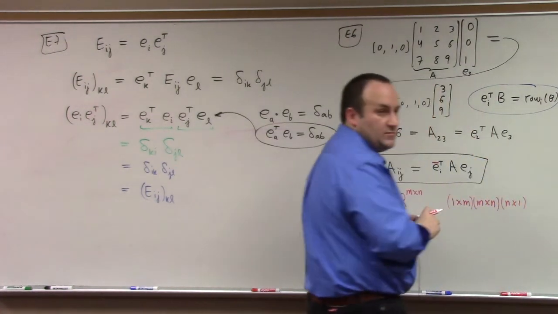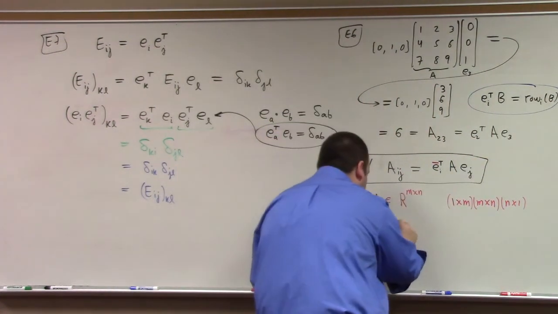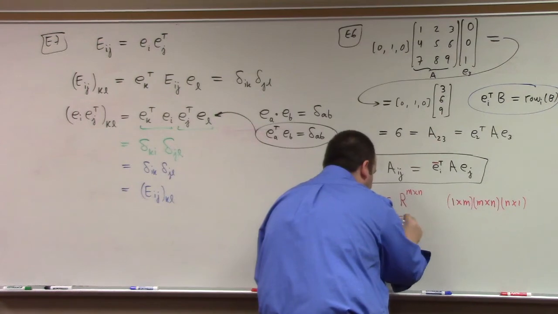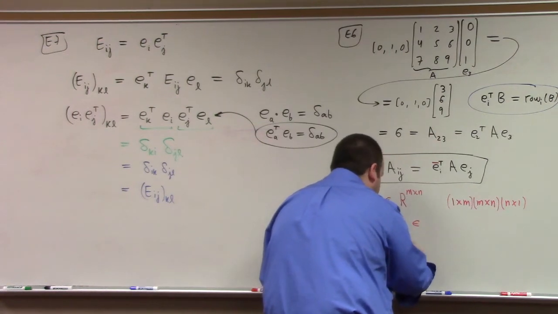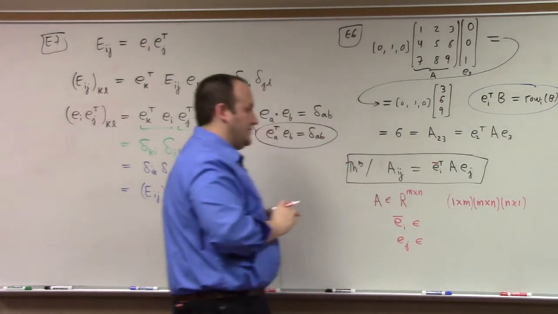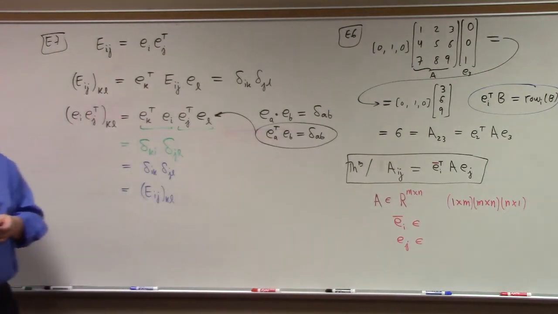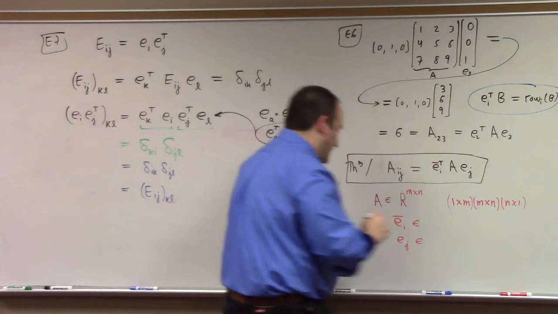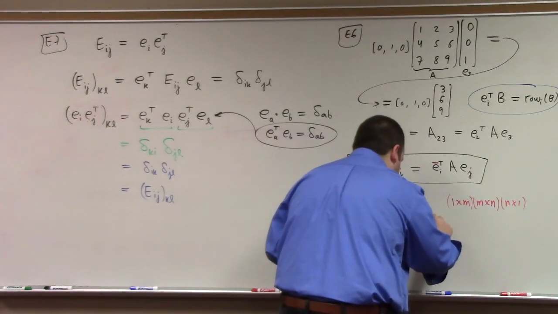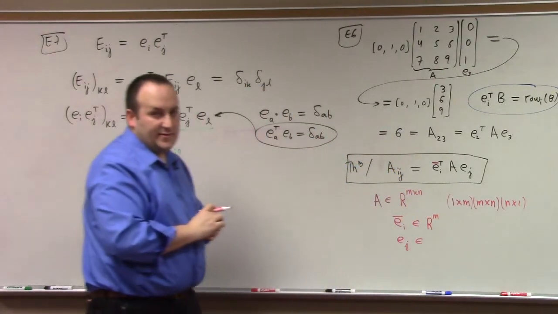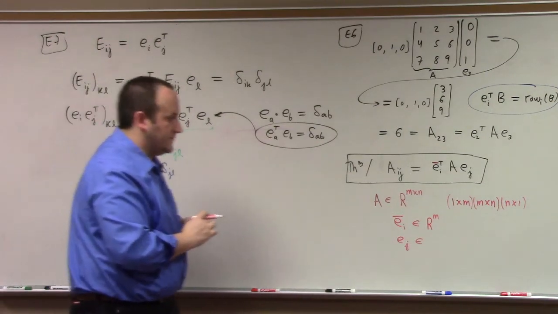Which means that EI bar has to be an element of R^m, whereas EJ has to be an element of R^n, right?